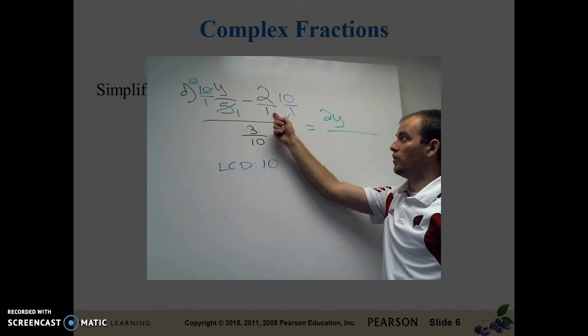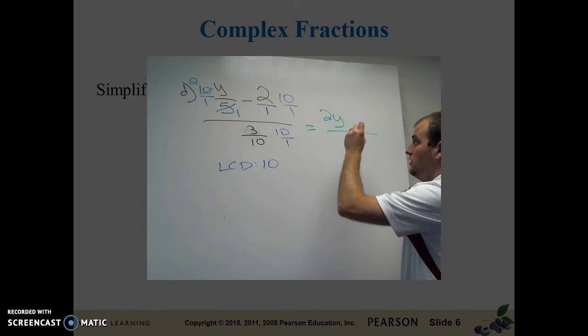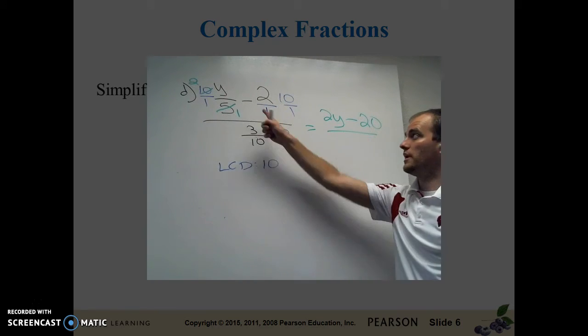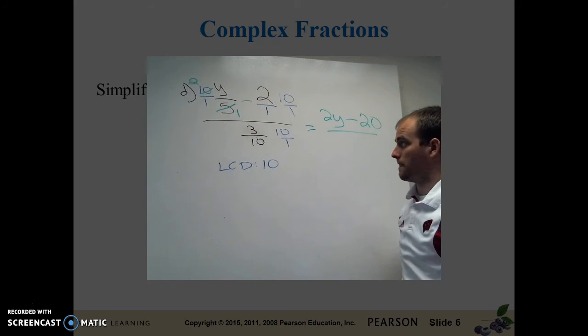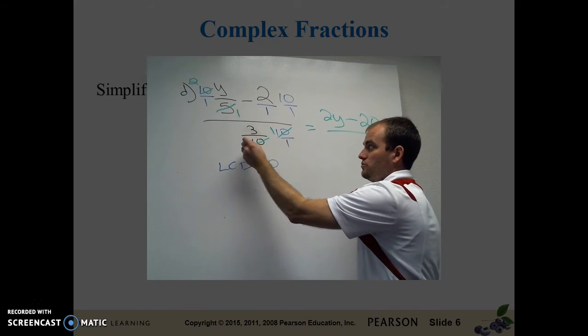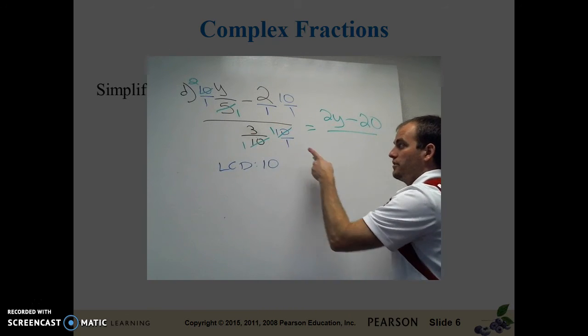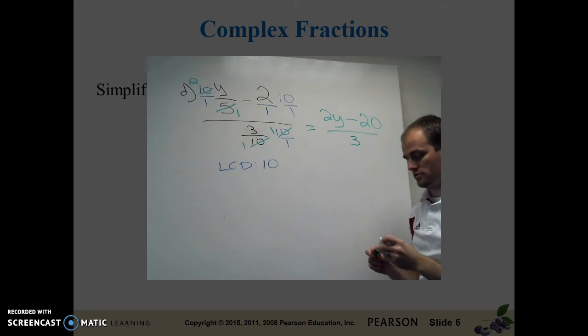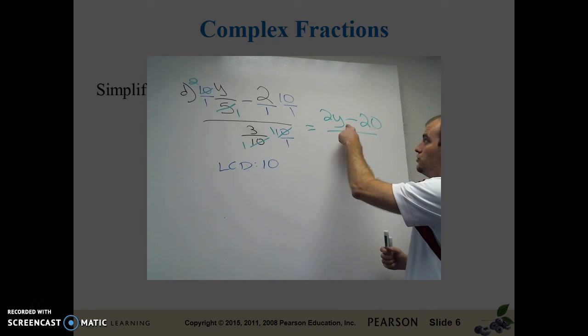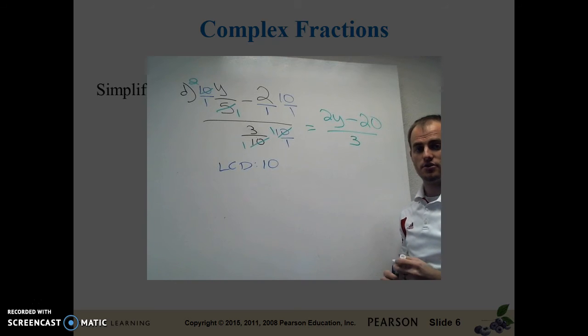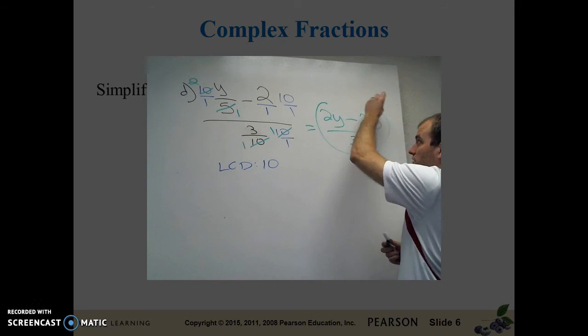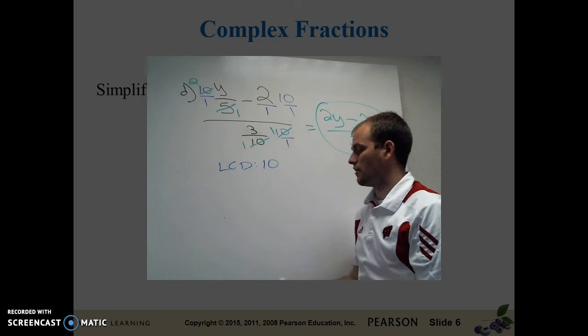The second one, they're already over 1, so it's just 2 times 10, which is 20, and it's minus because it's minus. And the last one, the 10s are reduced to a 1 and a 1. We'd be left with 3 over 1. We can't do 2y minus 20 because they're not like terms. So you can just leave this one as 2y minus 20 all over 3.